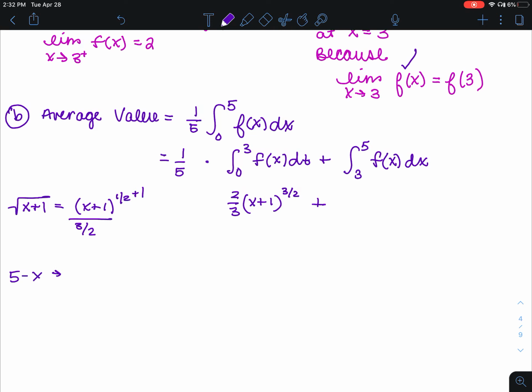So that's going to become 5x minus 1/2 x squared. So we have 5x minus 1/2 x squared, and we have to evaluate that from 5 to 3. We have to evaluate this from 3 to 0.